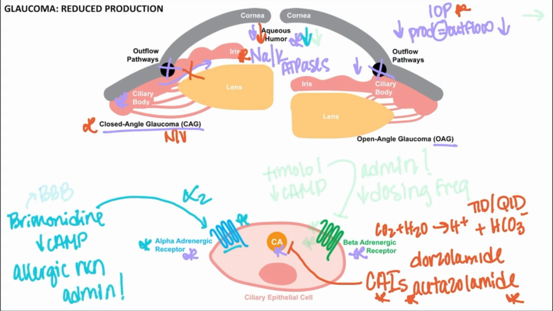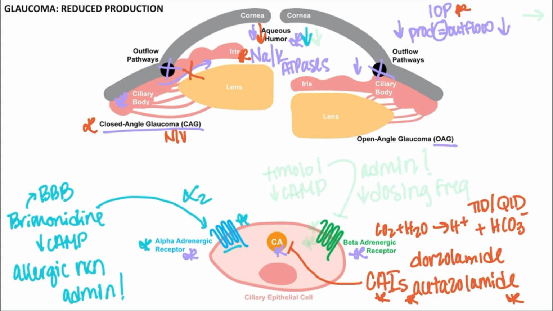And of note, specifically, brimonidine can cross the blood-brain barrier. So there might be a risk of fatigue, headache, hypotension, and dry mouth if these are not being administered correctly. Also, brimonidine, for example, is TID dosing or 3 times daily dosing, so not ideal for adherence.